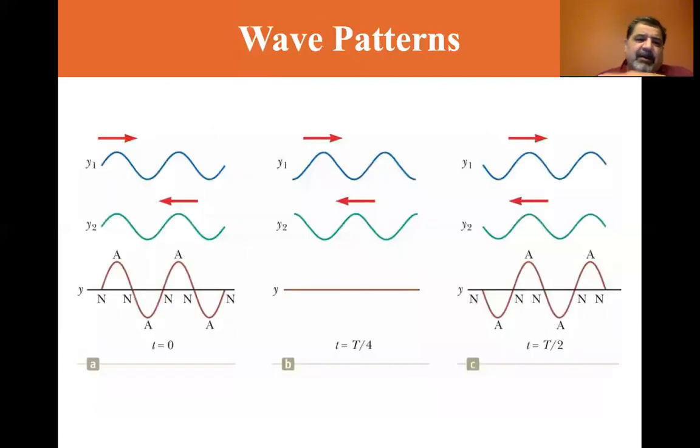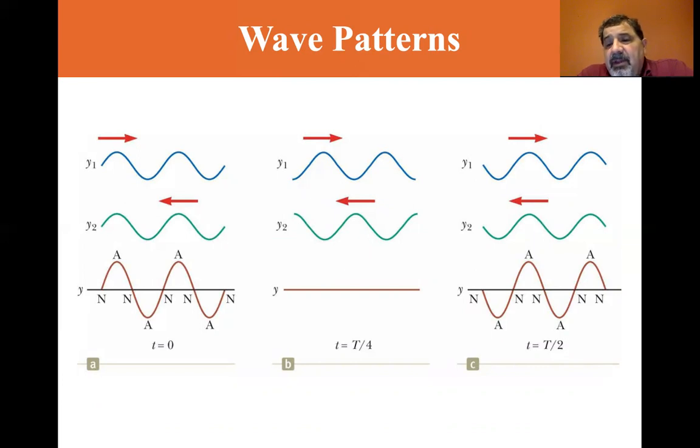Okay, so the wave pattern. You notice y1 and y2 are both in phase, and so the antinodes and the nodes occur at the same place as the original equation. Now, notice that y1 and y2 are opposite each other, so they cancel each other. That's the destructive interference.